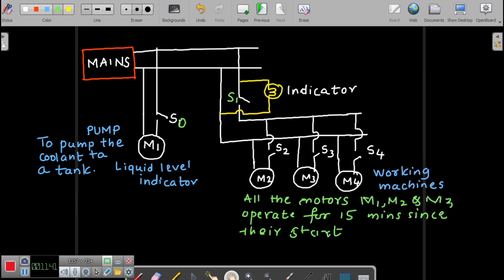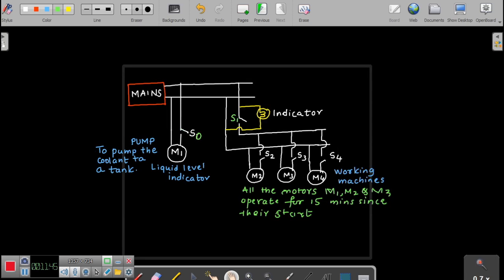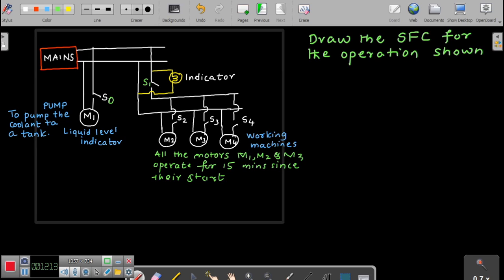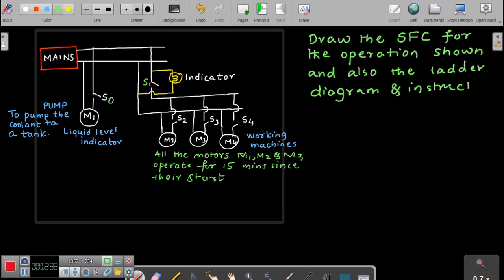Now for this particular example, what we need to do here is draw the sequential function chart for the operation shown, and also the ladder diagram and instructions.